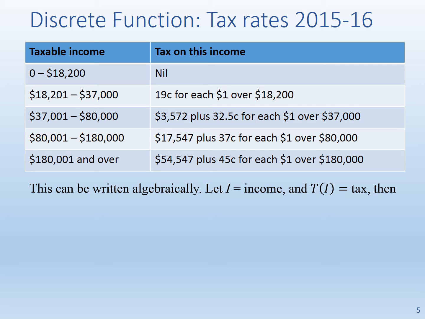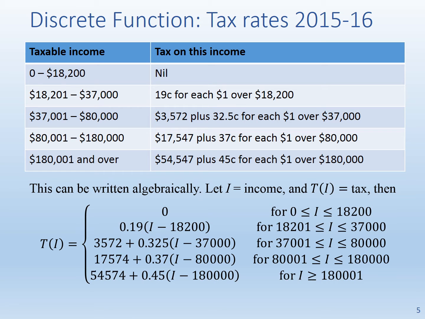We can write this algebraically where I is income and then the tax on the income can be written as this complex equation. 0 if you're earning less than $18,200. Between $18,201 and $37,000, you're paying 19 cents for each dollar over the $18,200.